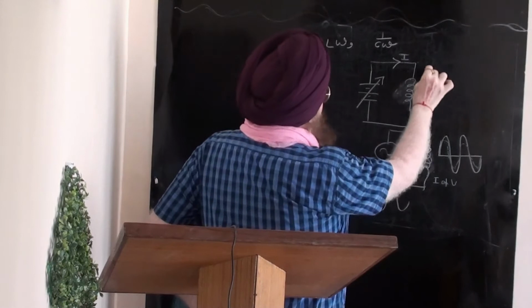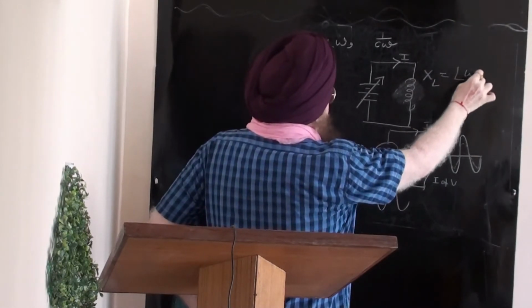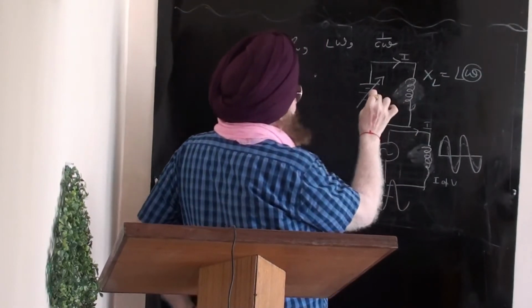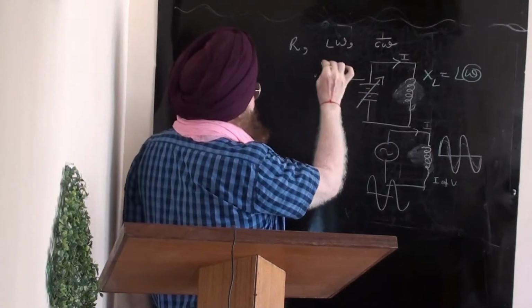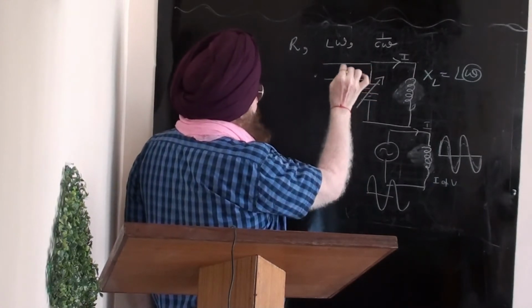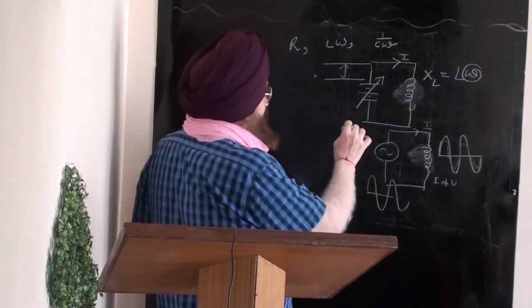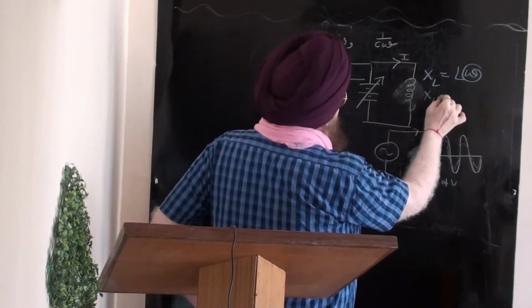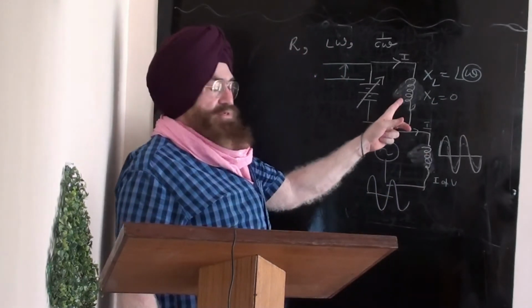How? Because the coil opposition, let us call it XL, equals L omega. Omega is the frequency. DC does not have any frequency because it is constant. If there is no frequency, XL equals 0. It means the coil will not oppose.